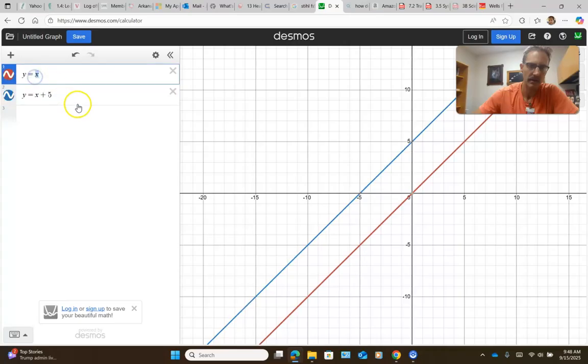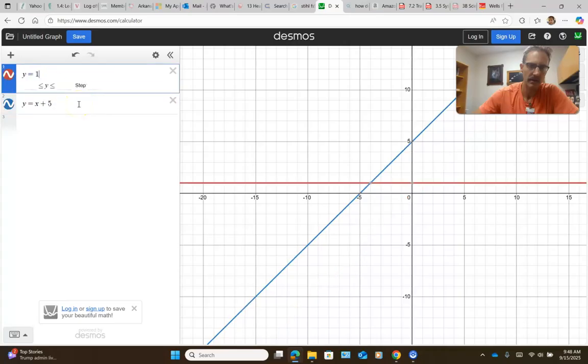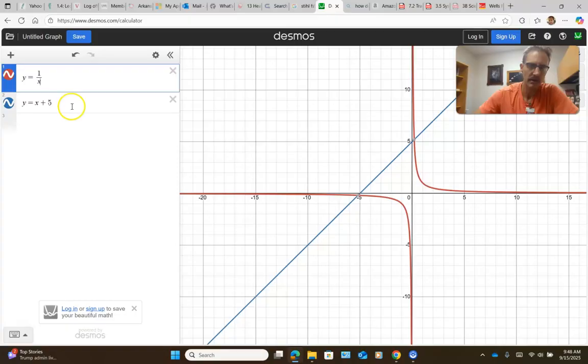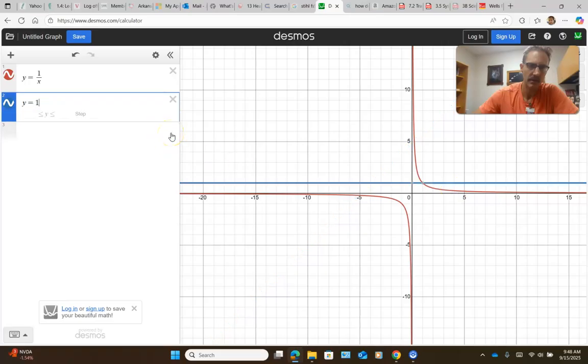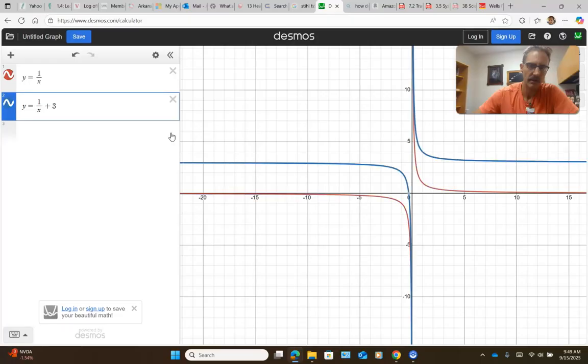Let's try another function. How about that reciprocal function, 1 over x? Okay, so we know it has this shape in red, 1 over x. But if we add or subtract some number, I'm going to add the number 3 at the end. Look, what we have in blue is that same function in red shifted up 3 places.